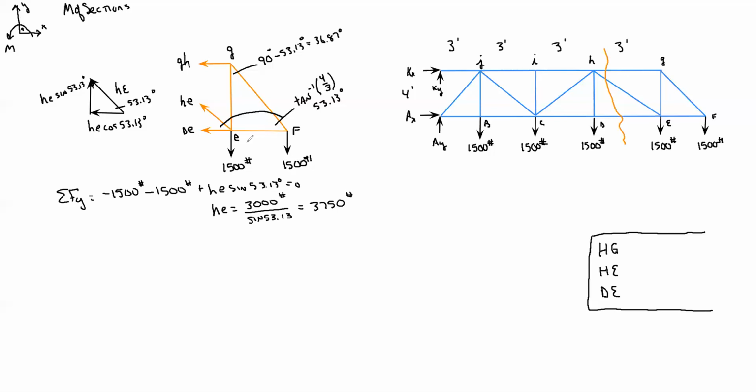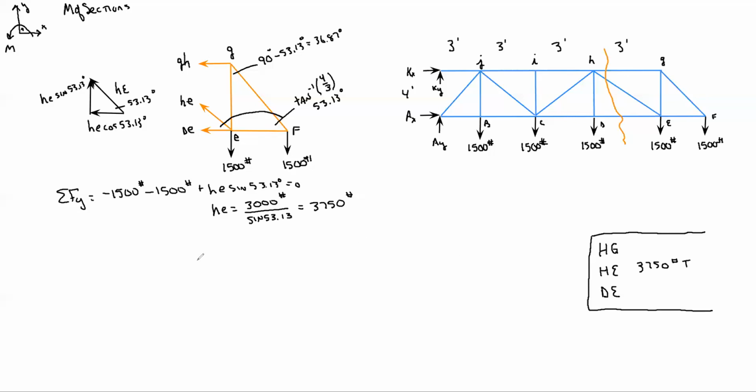It is positive, which indicates that I have HE in the right direction. HE is pulling away from the pin, which would be a reaction to the member being in tension. So HE is 3,750 pounds tension.